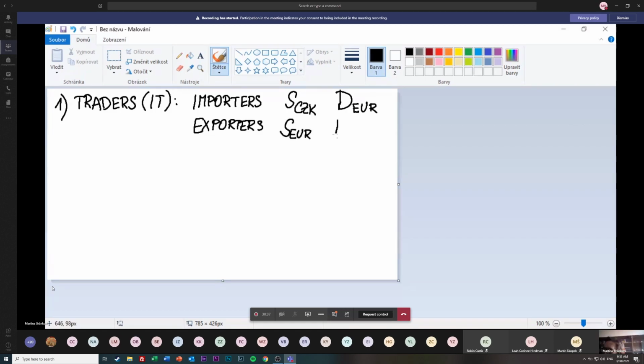And I demand Czech crowns because I need them for paying wages, invoices for electricity, rents, and so on. So sometimes it's a problem for students to understand that as an exporter, I have foreign currency, which I'm selling in the currency market. On the other hand, I demand Czech crowns.